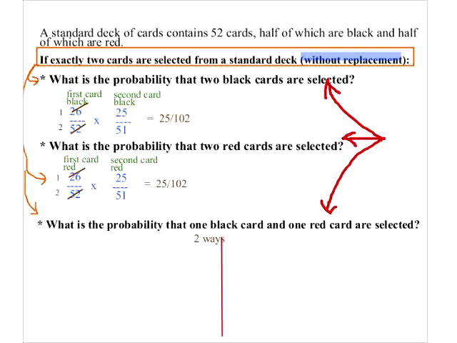The only ways that 2 draws from a deck can turn out are these 3 ways: you can either get 2 blacks, 2 reds, or 1 black and 1 red. Smiley face if that makes sense, that those are all the possibilities.